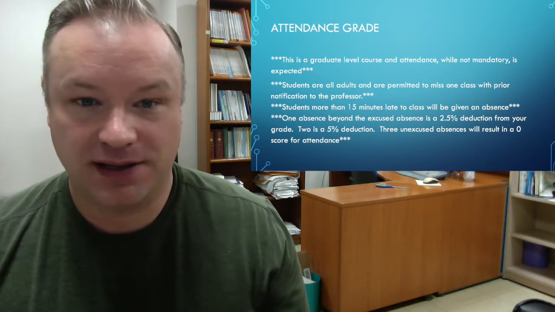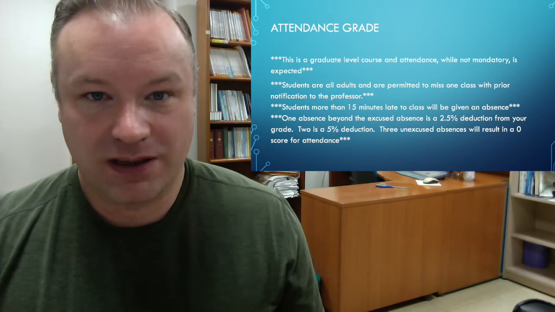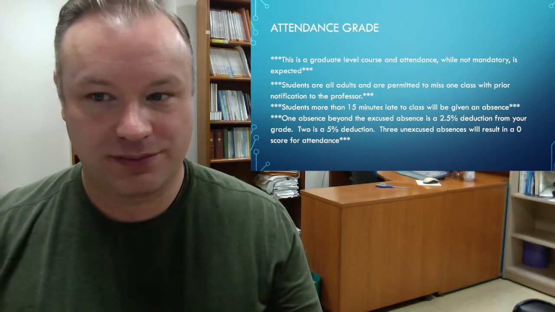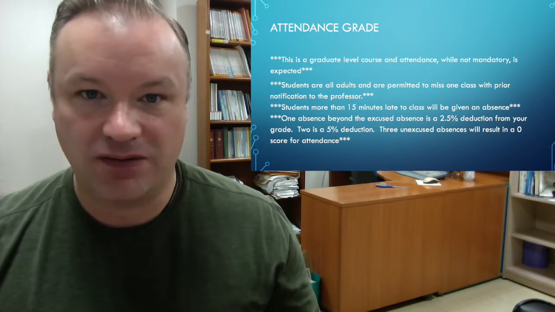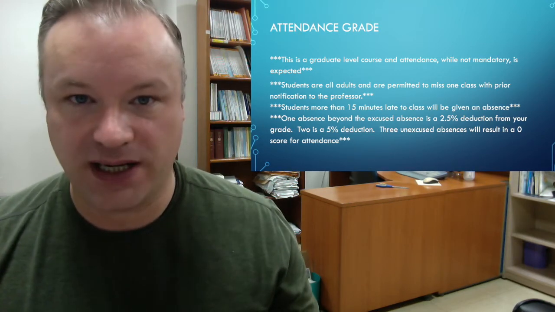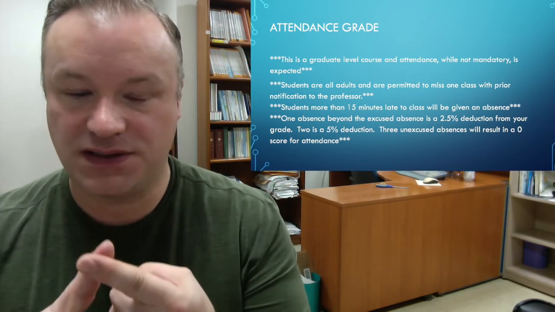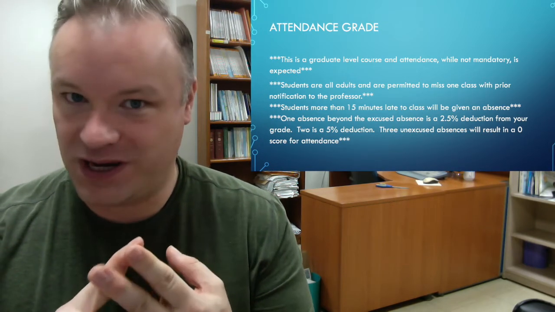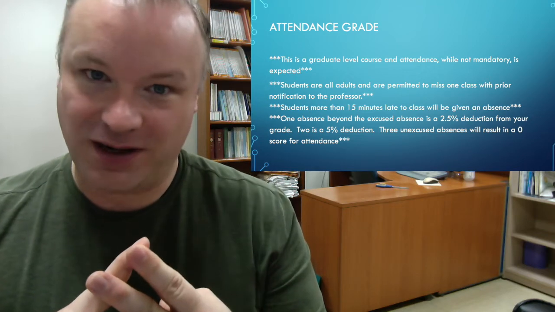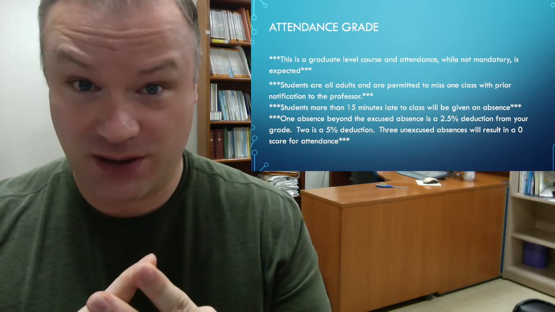That said, I don't say this lightly. If you have some sort of extenuating circumstance, like an illness in the family, or your dog died, and your dog died isn't a good excuse, so don't use that one.